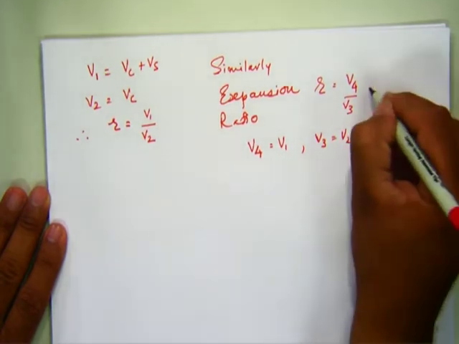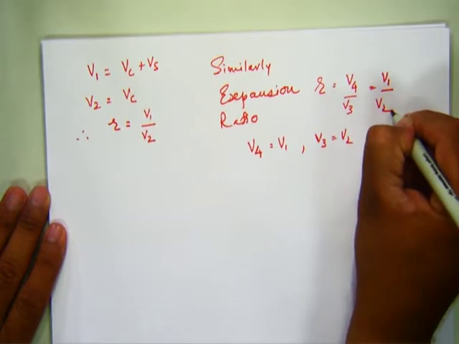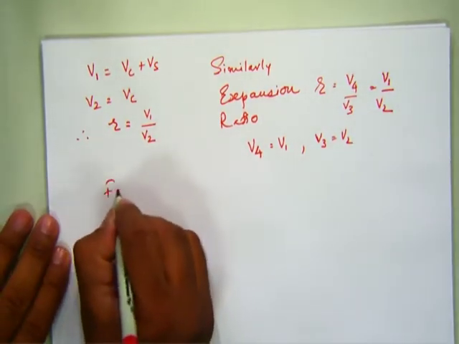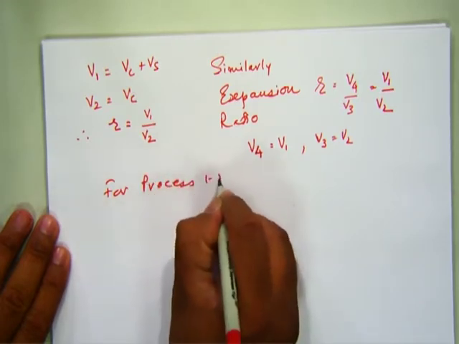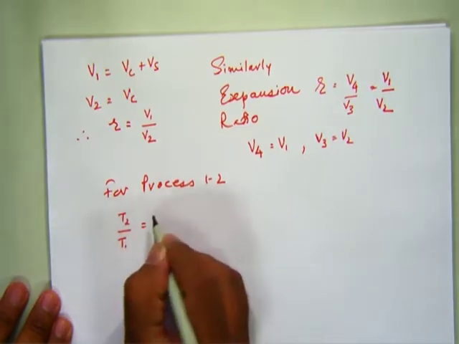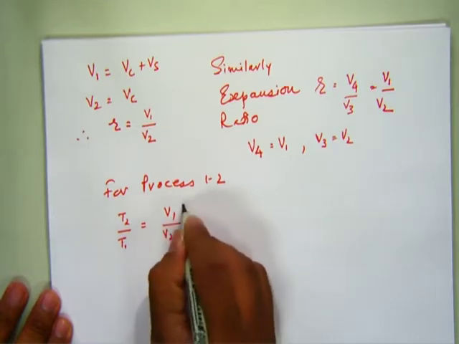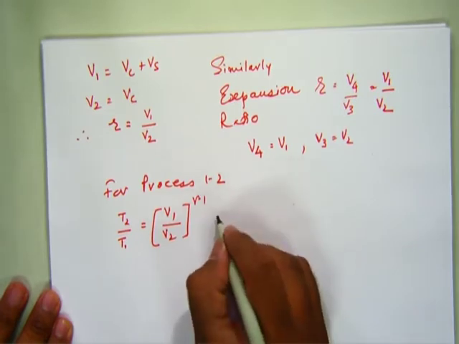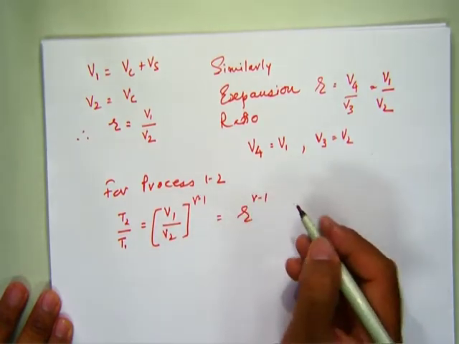So R here is V1 upon V2. For process 1-2, T2 upon T1 is equal to V1 upon V2 raised to gamma minus 1, which is equal to R raised to gamma minus 1.